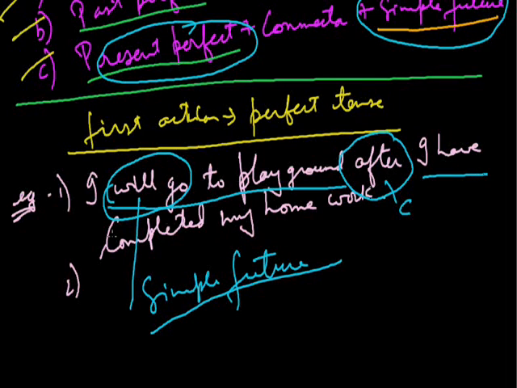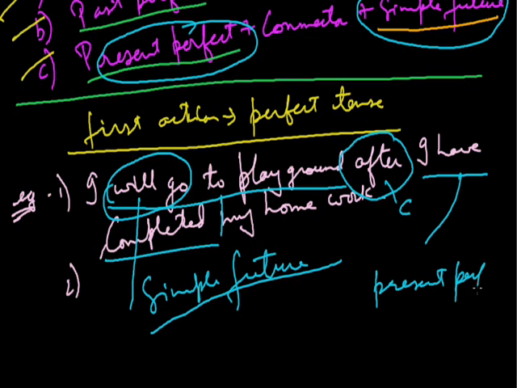Now, I have completed my work. So have completed, we all know, is present perfect tense. This means the action of completing of the homework will be the first action.